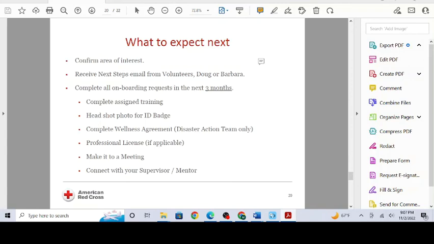To be able to do those volunteer professional jobs in, let's say, the medical health areas or mental health areas, which require a license to do it professionally as a paid professional, we also will need to see the license as a volunteer. So if you're skilled in those areas and would like to help out in that way, we will need to see that professional license for you to do those types of positions.